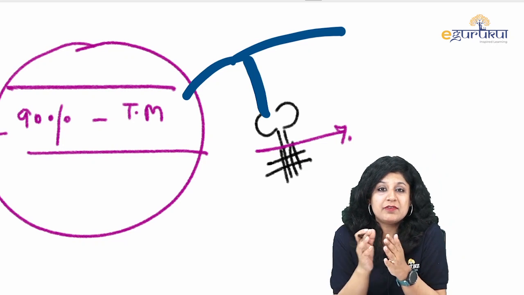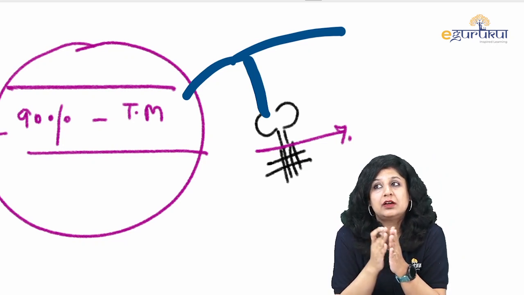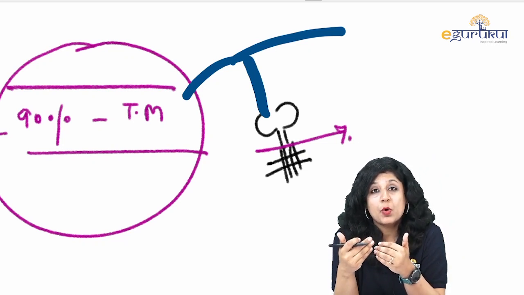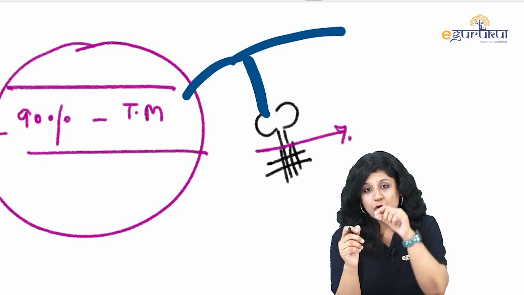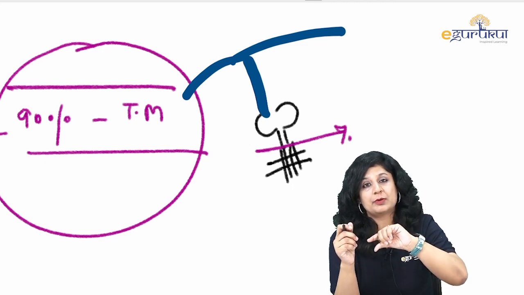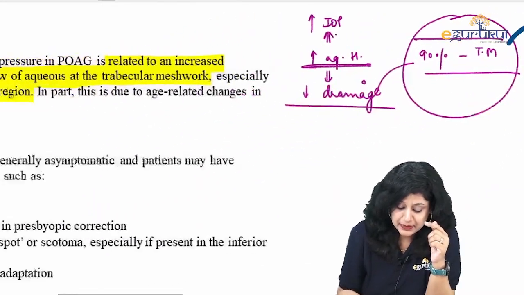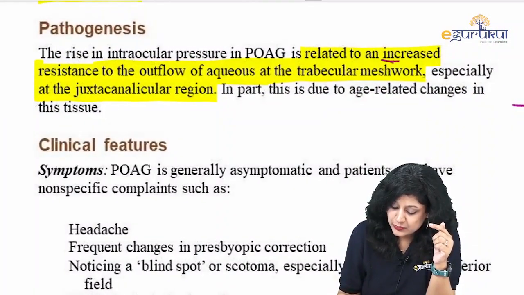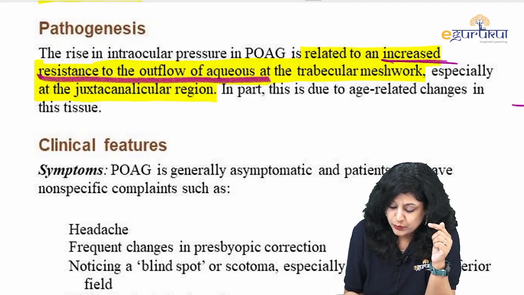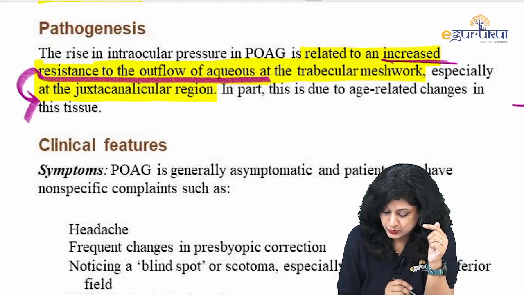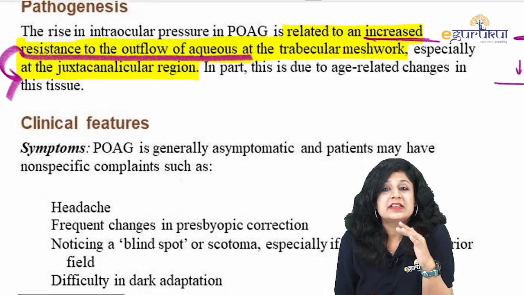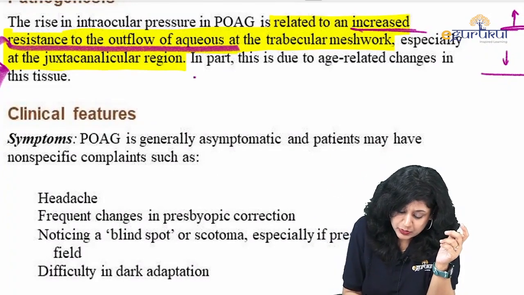So that is why whenever we are doing surgery, we are giving incisions, we are giving the opening at the opening of this trabecular meshwork to the Schlemm's canal. The reason is pretty simple, that this area is giving you the increased resistance to the outflow at the level of the juxtacanalicular meshwork. In part, this can be due to the trabecular sclerosis.